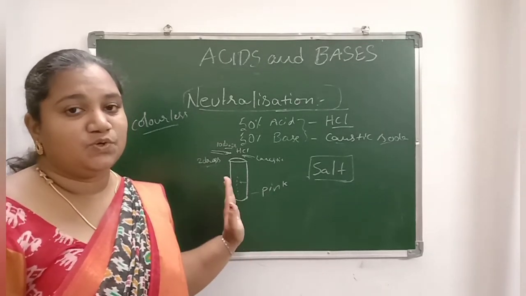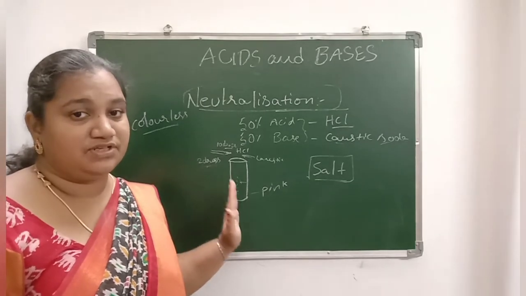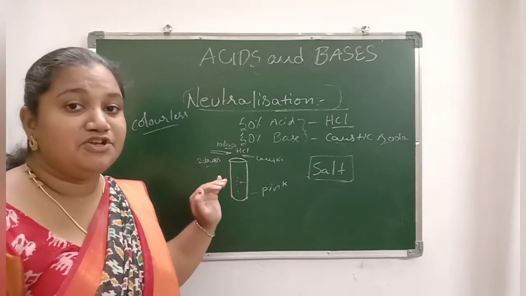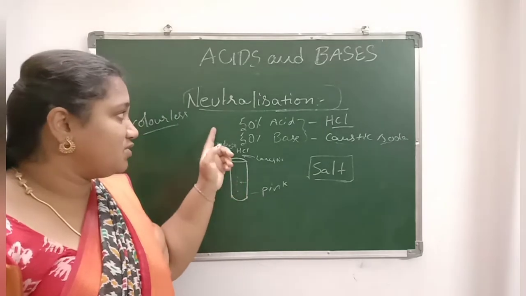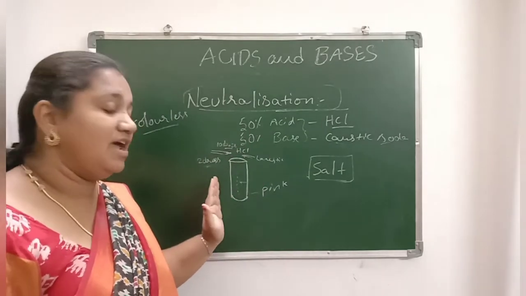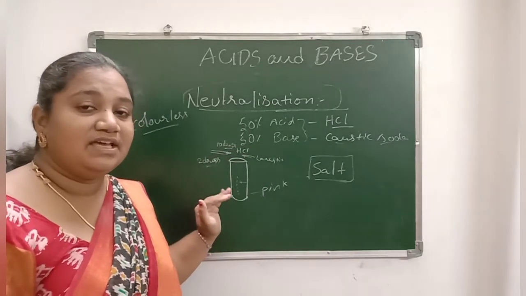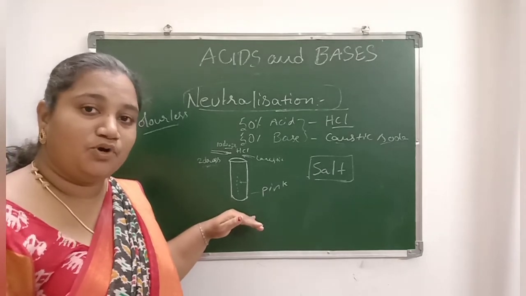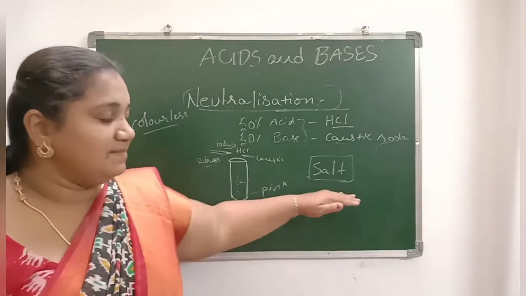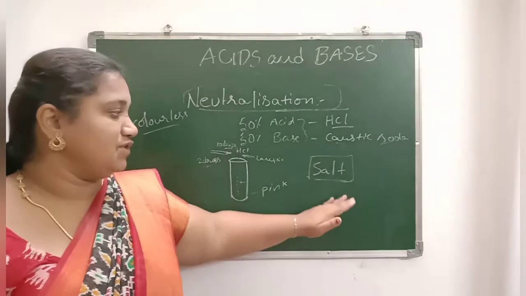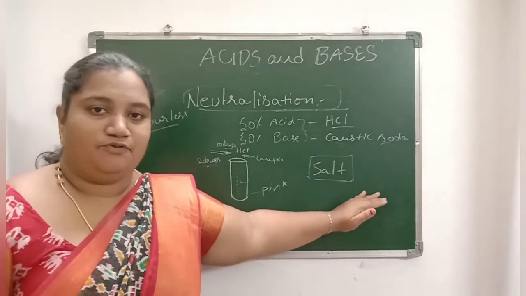So that solution is a neutral solution, and the process is called neutralization. It gives a precipitate at the bottom of the test tube, which is nothing but salt. During neutralization, salts are formed.